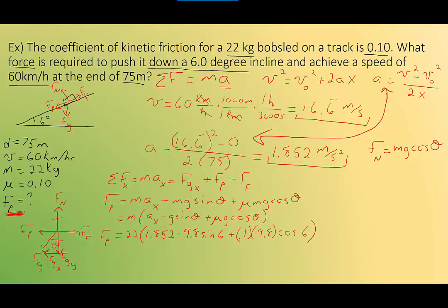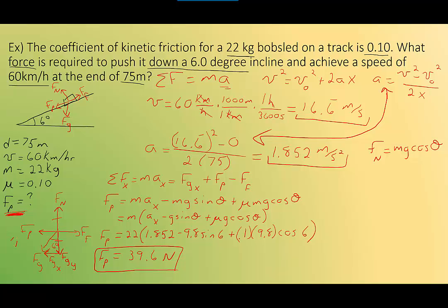We plug and chug that in, and we find out that the bobsledders need to push the bobsled down the incline with a force of 39.6 newtons.